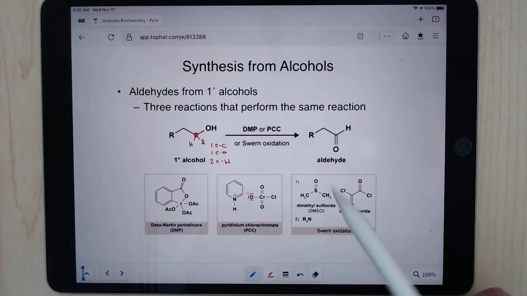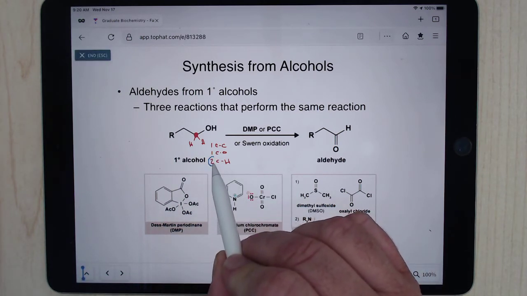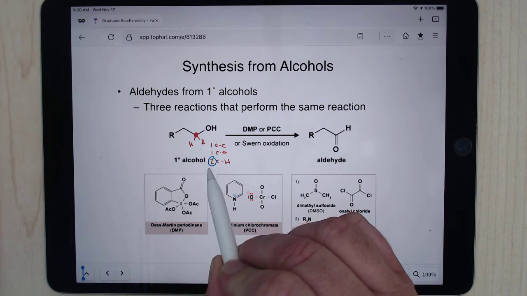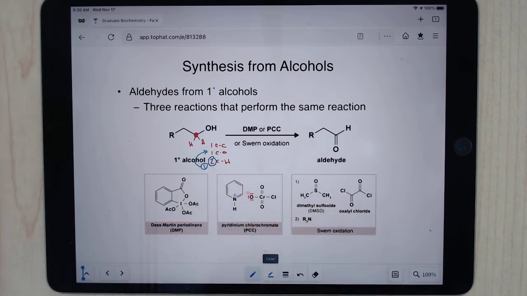and the oxidation is going to happen on the carbon that's holding the hydrogen. When we do one of these reactions, whether we do Dess-Martin or pyridinium chlorochromate or the Swern oxidation, we're going to be converting just one of these CH bonds into a new CO bond.